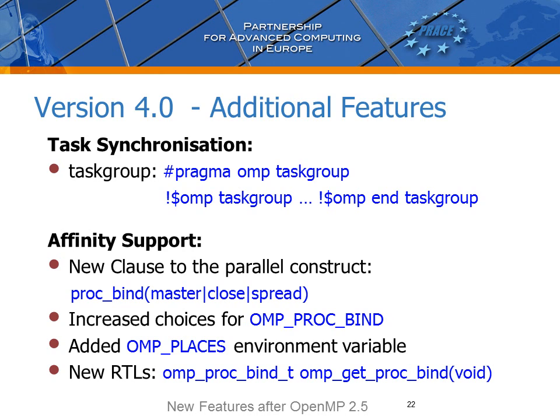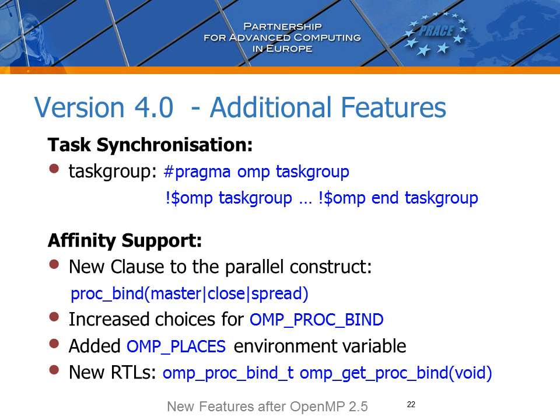The purpose of the spread policy is to create a distribution for a team of threads among given places of the parent's place partition. The OMP_PROC_BIND environment variable is extended in version 4.0. It could specify true or false in version 3.1.